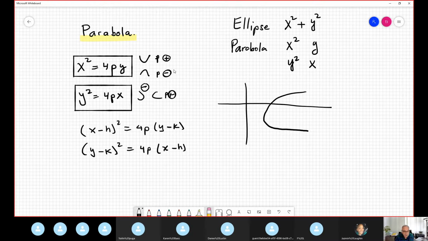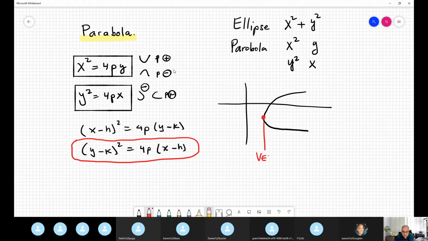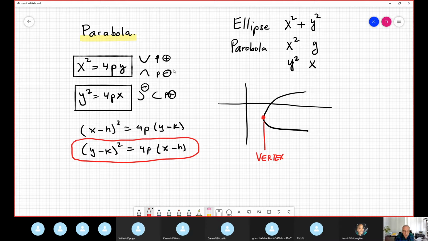So the equation looks like that. Here p is positive, that is the reason it opens to the right. And this is a super important point, the vertex. We have no center in the parabola. We have the vertex. And the vertex is located at the point h, k.